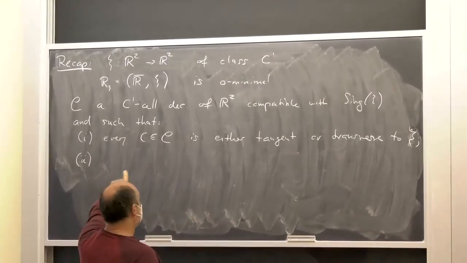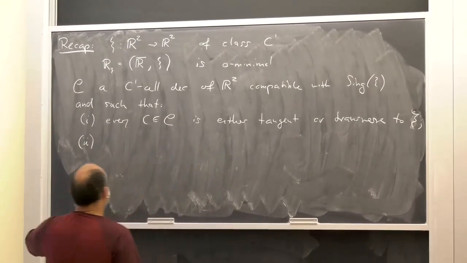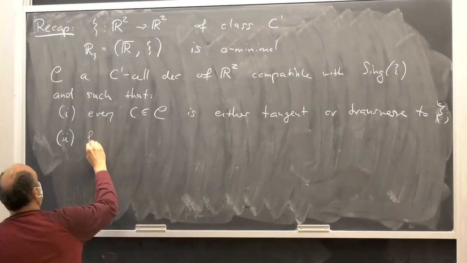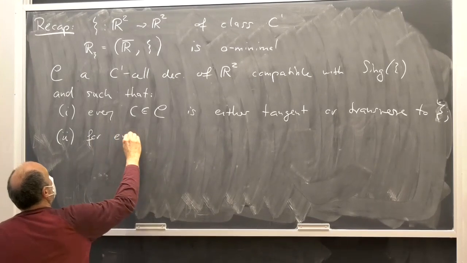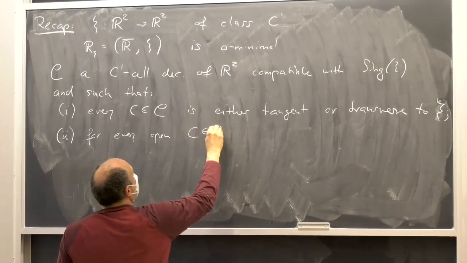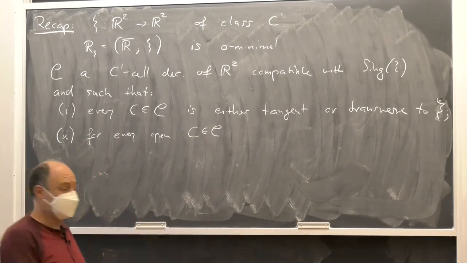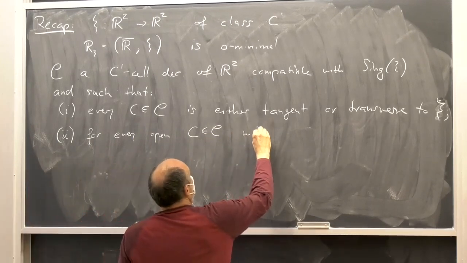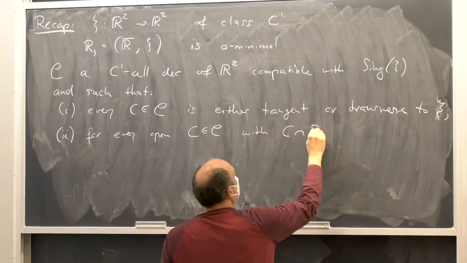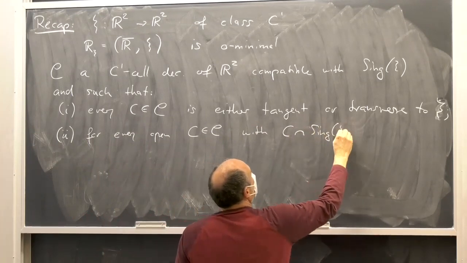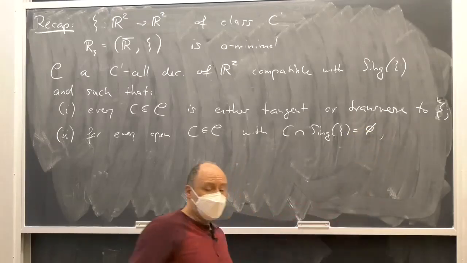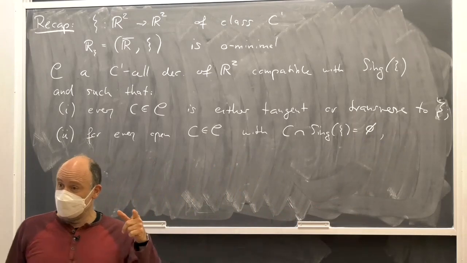So the other thing that we were guaranteeing by choosing the right cell decomposition is that for every open cell in this decomposition, which does not intersect the singular set, every leaf inside of it, right?